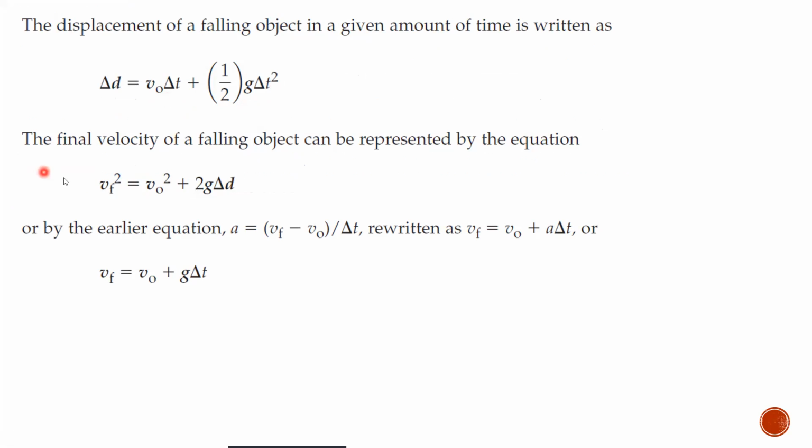If I'm asking you to find the final velocity, V final squared equals V initial squared plus 2G delta D. And the last one was V final equals V initial plus A times delta T, but instead of A, you put G delta T.